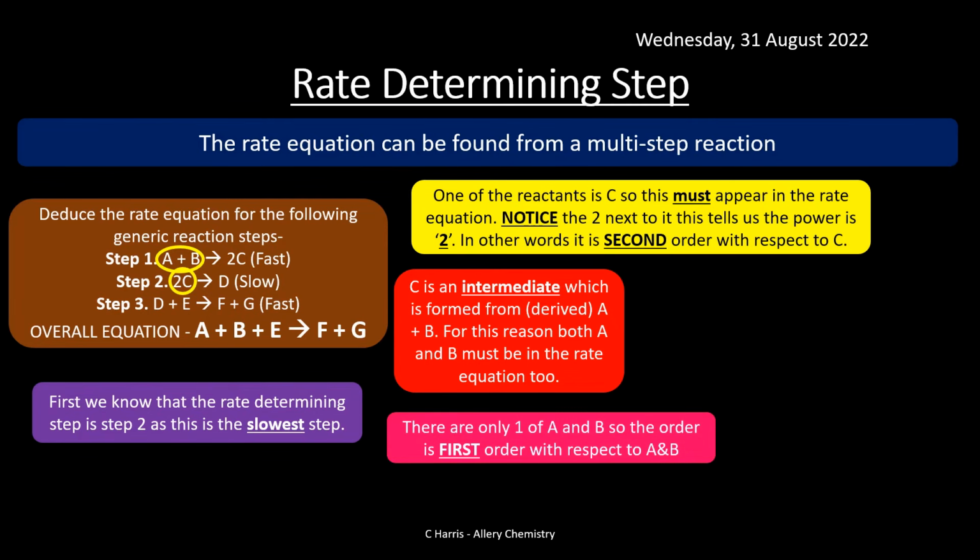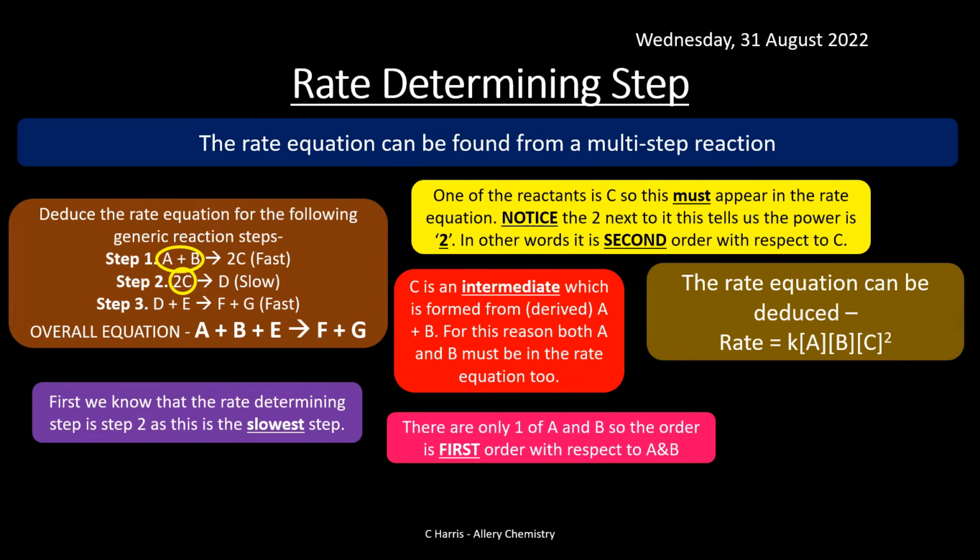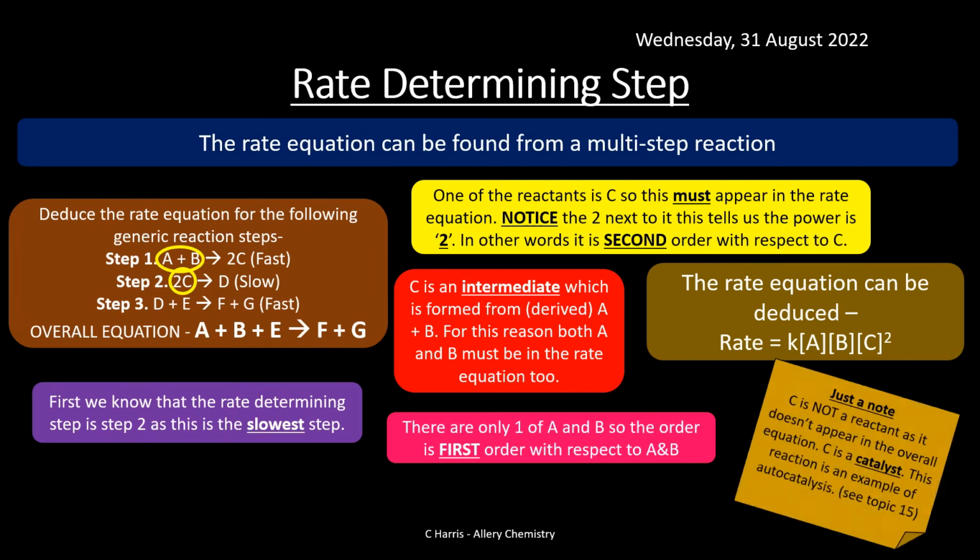There is only one of A and one of B, so it's first order with respect to A and B. The rate equation can be deduced as rate equals k[A][B][C]², and that is effectively your rate equation.